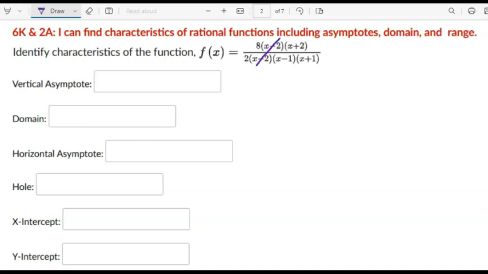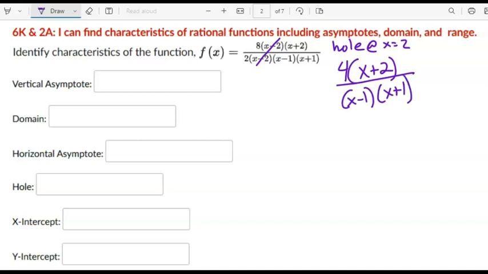The x minus 2's will cancel, so we have a hole at x equals 2. 8 divided by 2 is 4. And so we have 4 parentheses x plus 2 all over x minus 1 times x plus 1. So we could write this right here for the hole. We know that the x coordinate is 2.